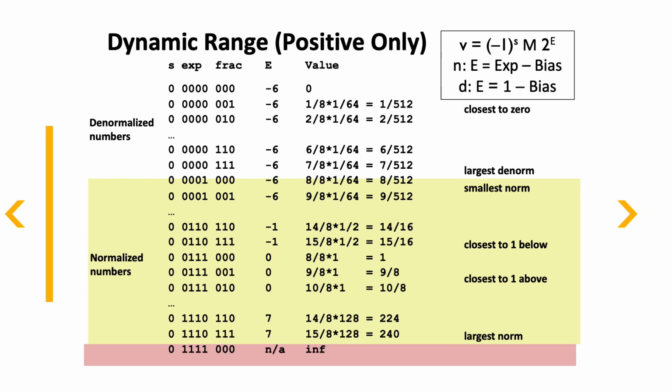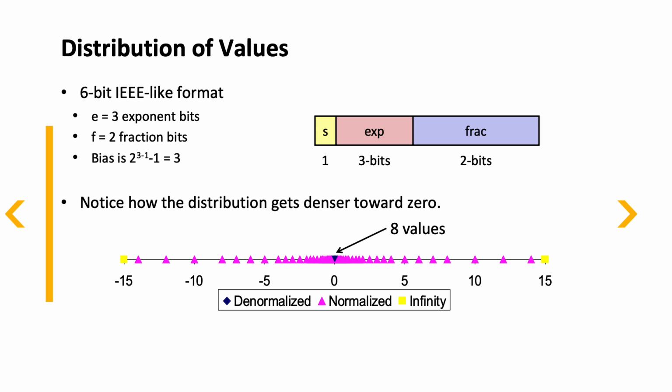Another thing we want to note is the distribution of values. The distribution actually gets denser as we move toward 0. These points were generated from a 6-bit IEEE-like format where we've got 1 sign bit, 3 EXP bits, and 2 frac bits. But again, that doesn't matter. It follows the same rules.